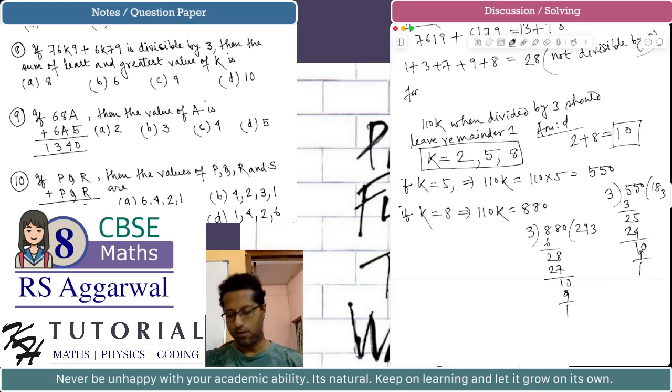So the possible values of k are 2, 5 and 8, the least value is 2 and the largest value is 8. So their sum is 2 plus 8, that is 10.